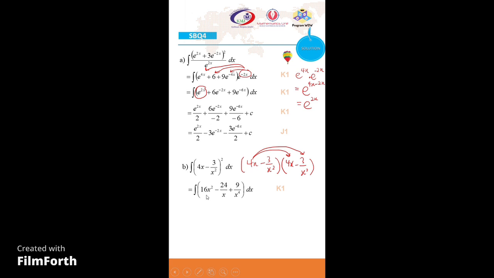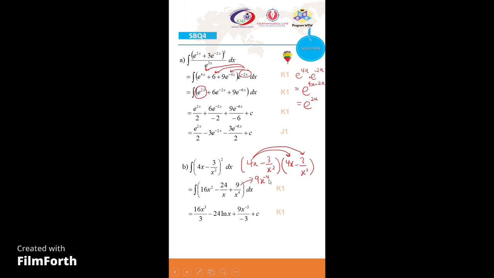So integrate 16x square, you will get 16x power of 3 over 3, and so on. To integrate 9 over x power of 4, remember you need to rewrite the expression as 9x power of negative 4. And then you integrate 9x power of negative 4.